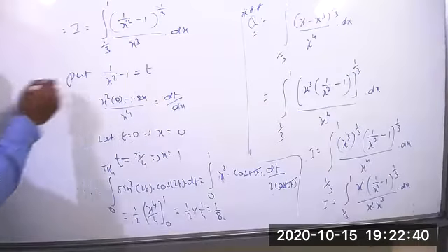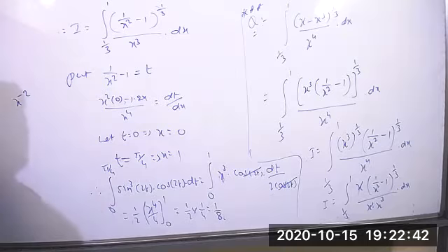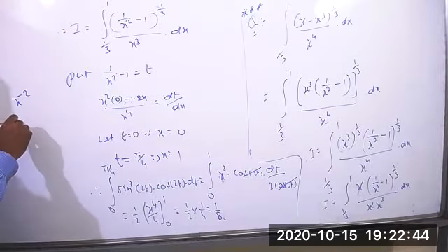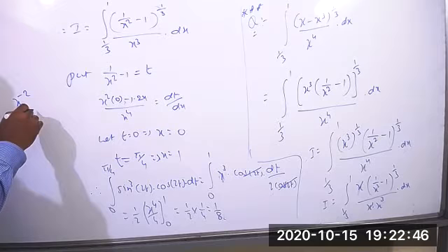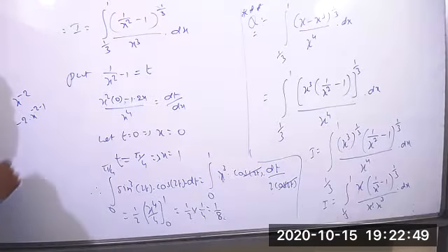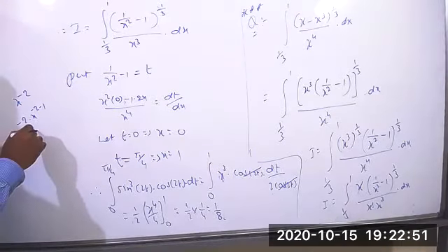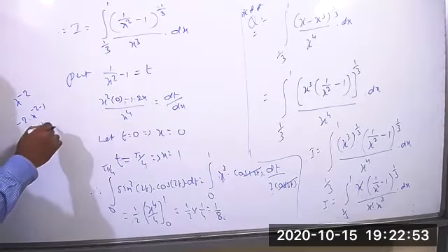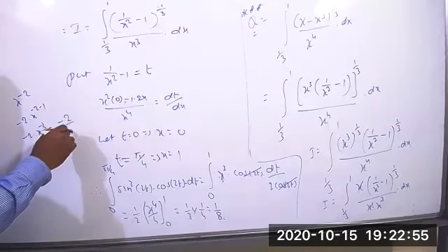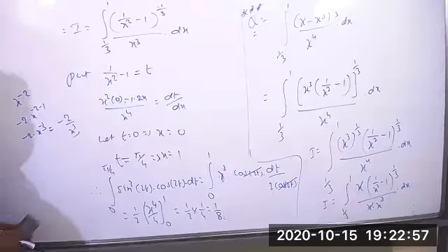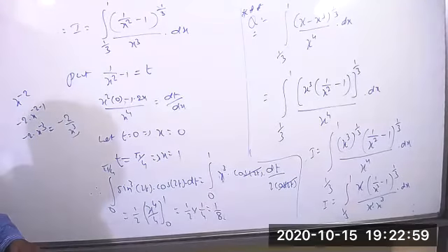Or else you can write it directly in the numerator as x power minus 2. Differentiation of x power n equals minus 2 into x power minus 2 minus 1, so minus 2 into x power minus 3. This one you can write as minus 2 by x cube. This entire thing you can write like this also. Any of this is clearly 0.